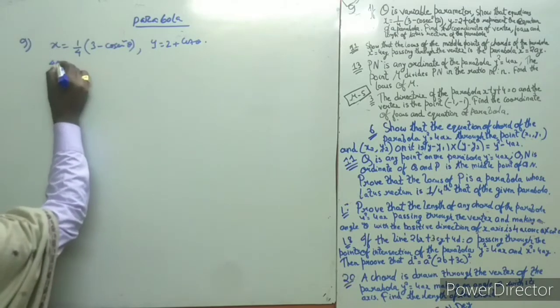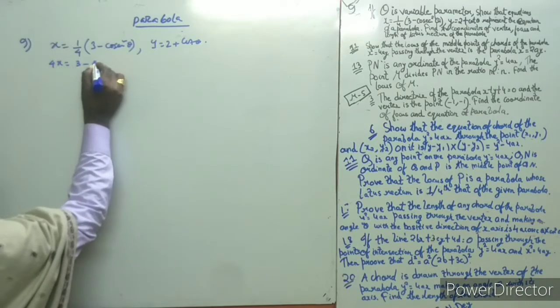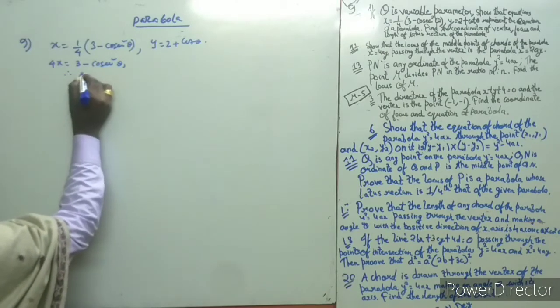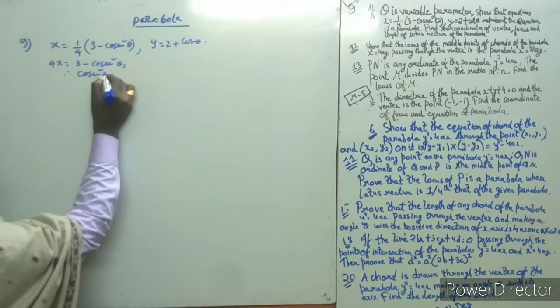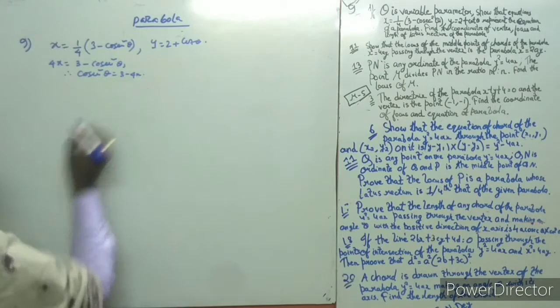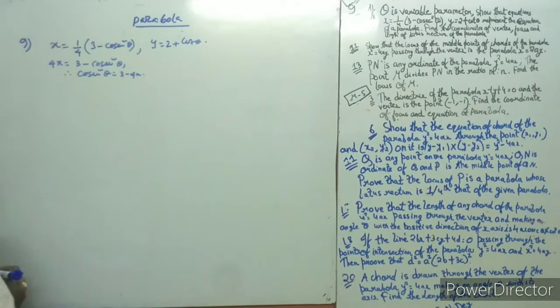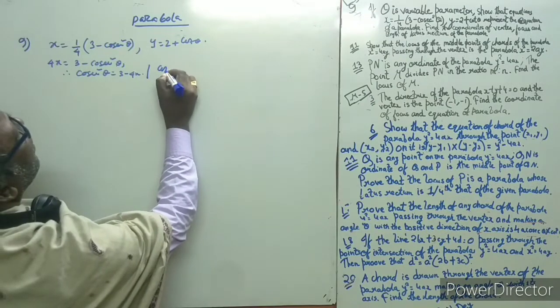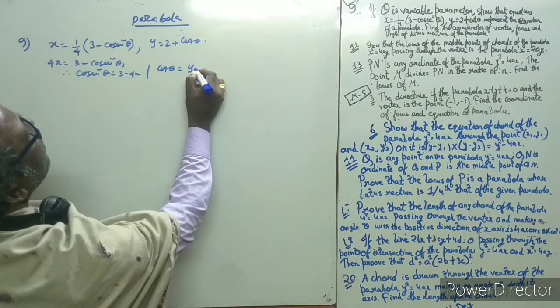See, this is 4x and this is 3 minus cosec square theta. So therefore cosec square theta is equal to 3 minus 4x, and cot theta is equal to y minus 2.